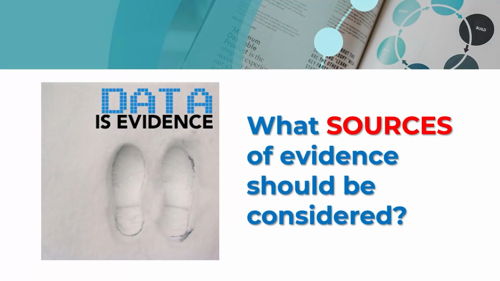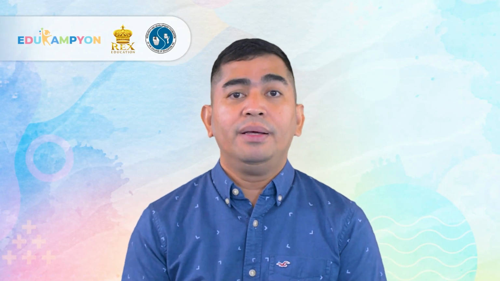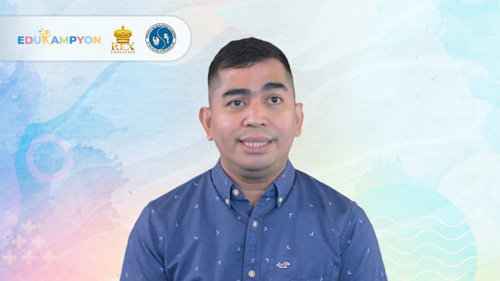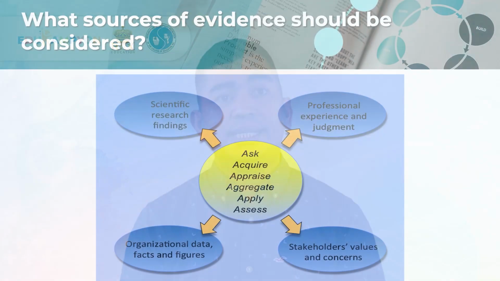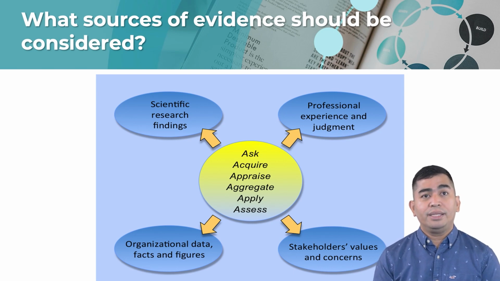So what sources of evidence should be considered? As you take all these 6 steps in EBP, in summary, evidence should be considered as: number 1, the scientific research findings. It's important that you are theoretically grounded in your practice.